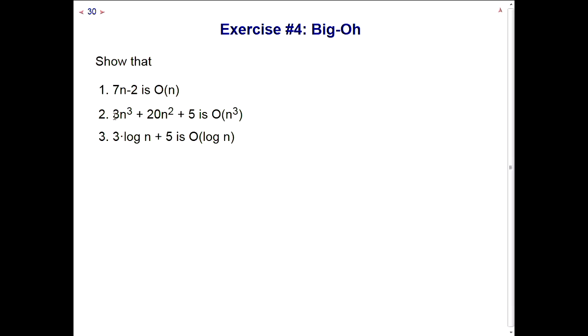If you want to show that this function is cubic, what constant would you use for c? 4, yes. So 3 times n cubed plus all these factors is not smaller or equal to 4 times n cubed for every n.